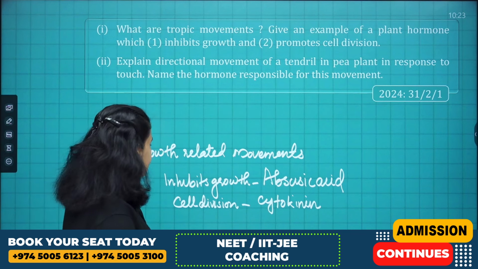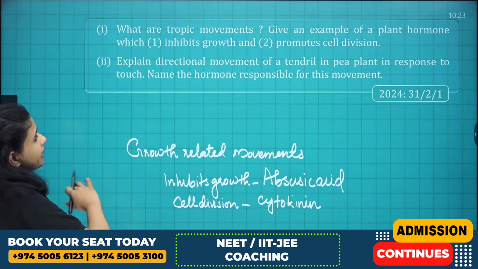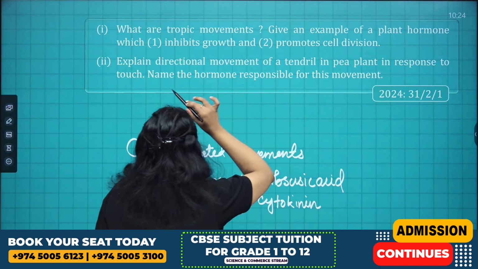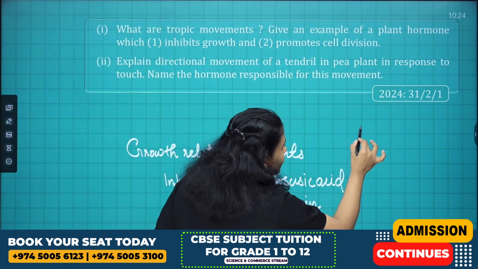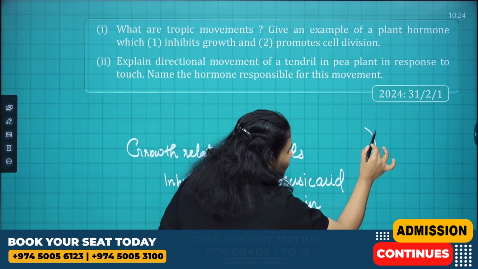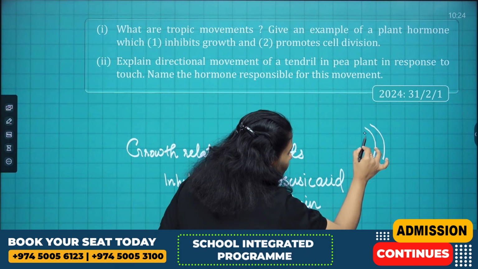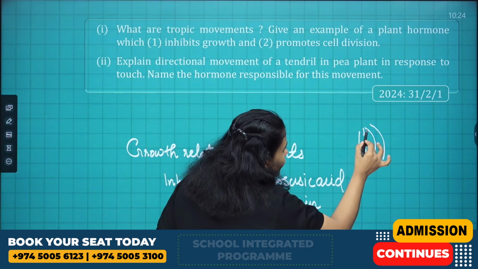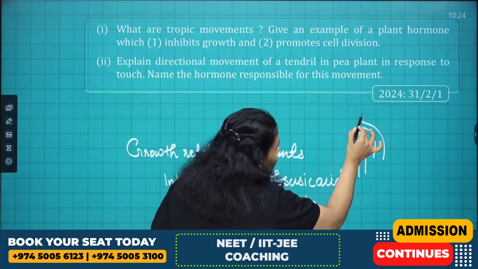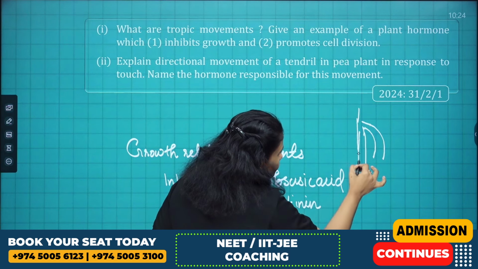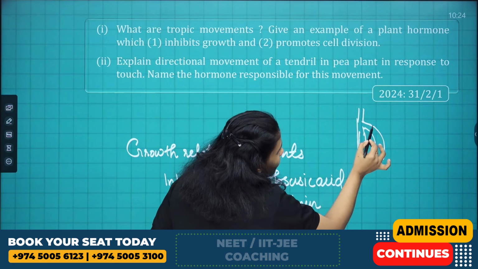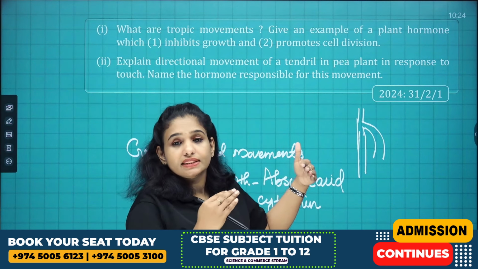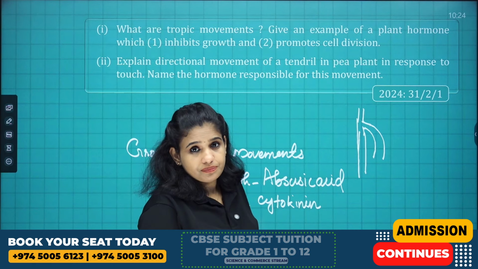When a tendril touches a support, the hormone called auxin will move to the part opposite to the point where the tendril touches the support.